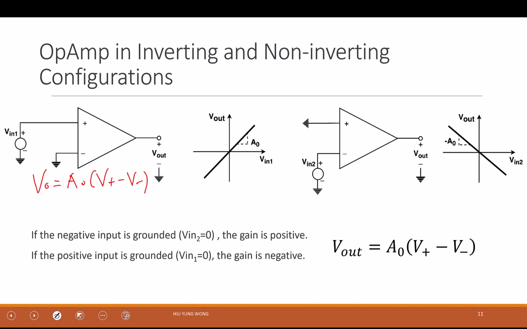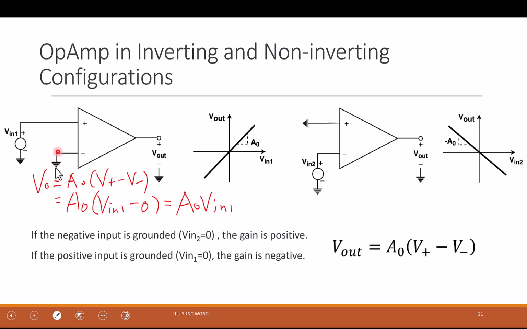Carefully map clearly to the circuit. This equation can be from my cheat sheet. No problem. I know it is correct. Then I start mapping. What is V plus in this case? V in 1, right? Even if you don't understand, it is not wrong. You know you are correct. What is V minus? 0, right? Very straightforward.